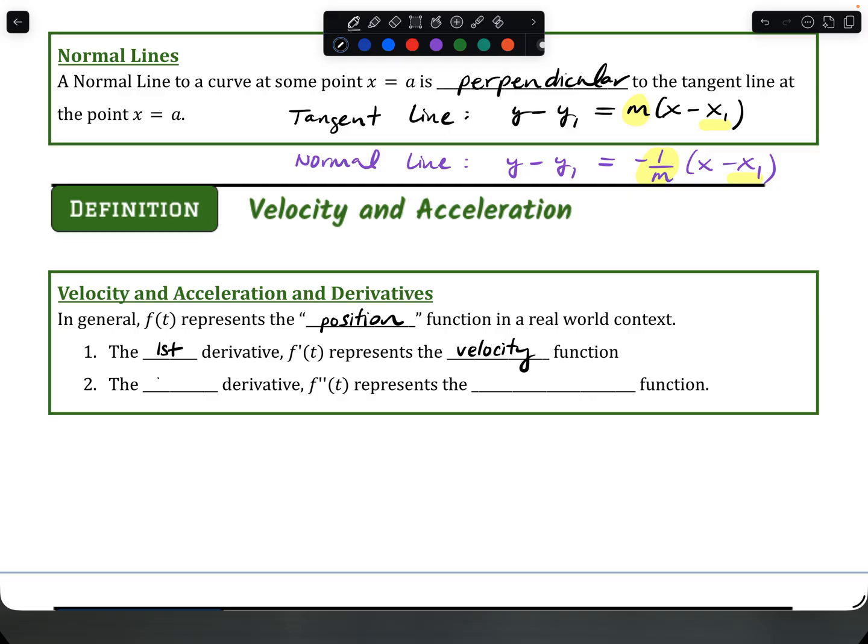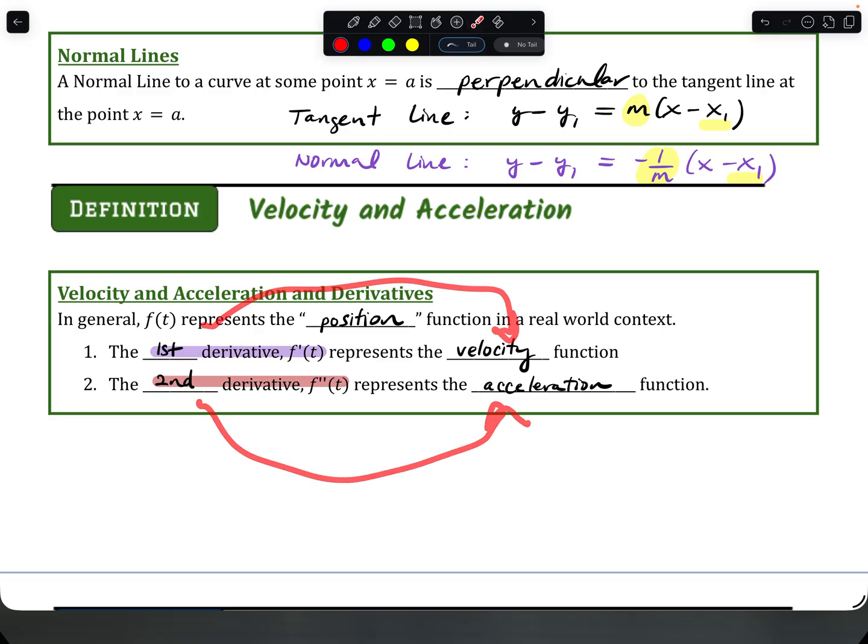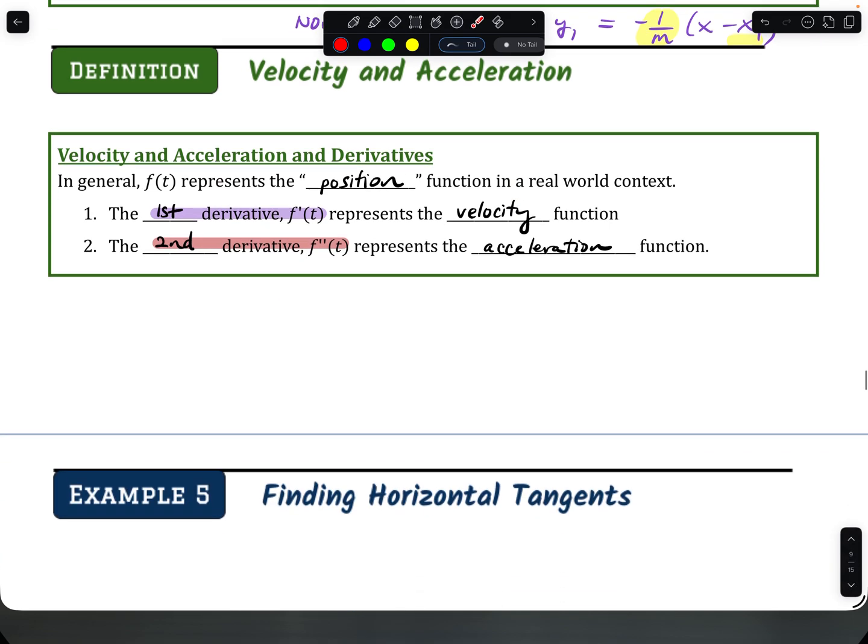And then the second derivative, which we'll abbreviate as f double prime of t, represents the acceleration function. You don't have to be an expert at physics to understand this. All I need you guys to remember is first derivative is velocity, second derivative is acceleration. Okay, so next example.